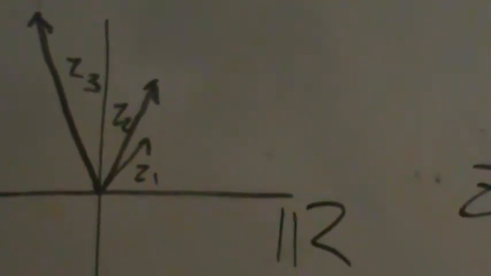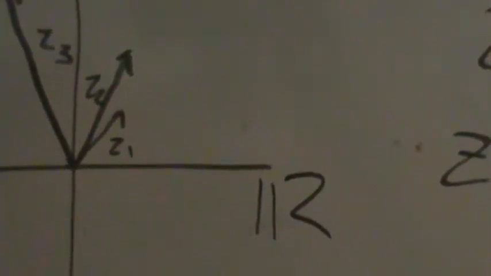So what happens here? If we graph z1 and z2, they're both in the first quadrant of our graph.